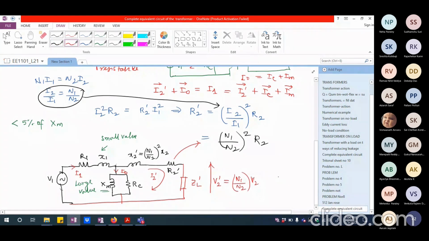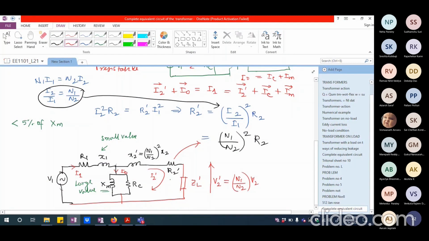For voltages and currents, we have to use only N1 by N2 or N2 by N1, whereas when we are using it for power or reactive power, we have to use it as the square of that because the current is also squared there. That's the reason. Okay. So this is going to be the overall equivalent circuit of the transformer.